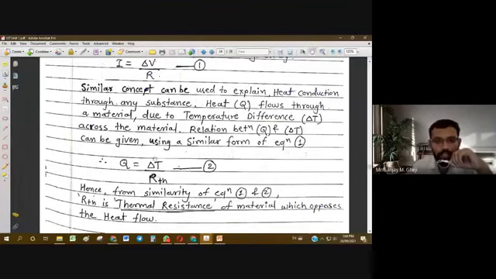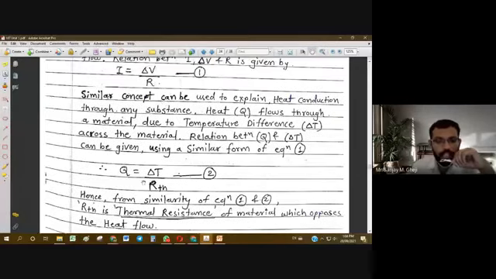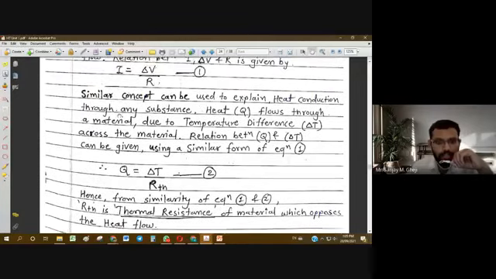So thermal resistance will be analogous to electrical resistance. Then we can set the equation like this: heat flow Q equals delta T upon summation R thermal, or heat flow Q equals delta T upon thermal resistance. Now you can compare equations 1 and 2, and you see there is a direct analogy.